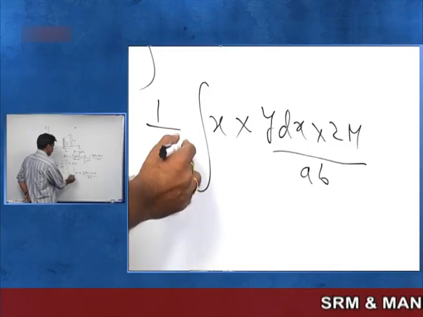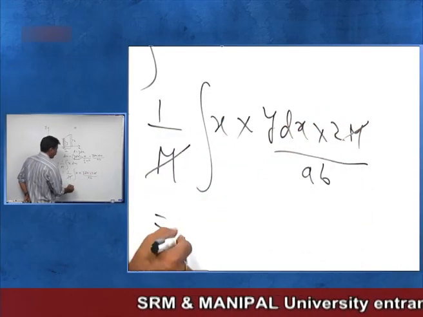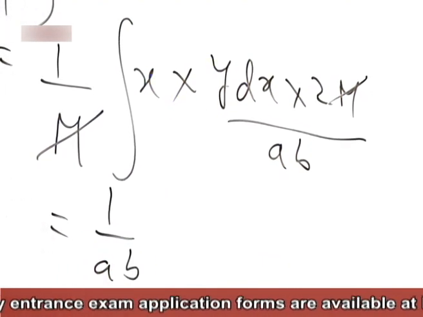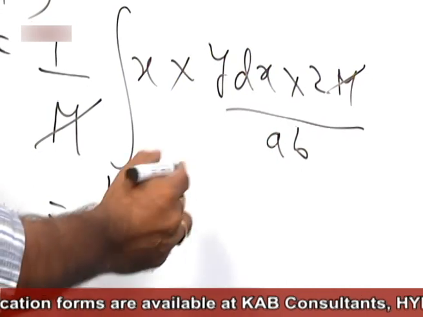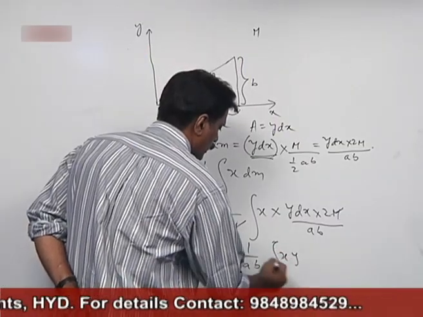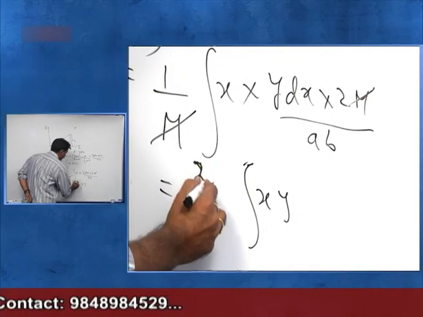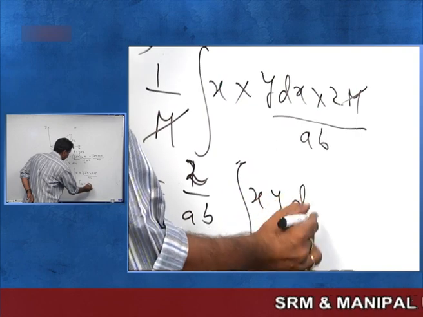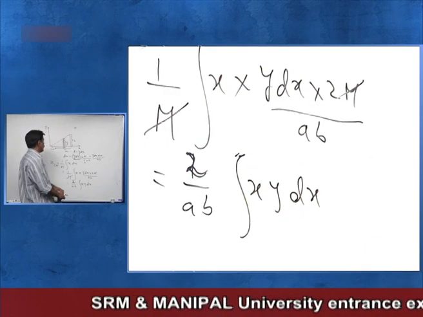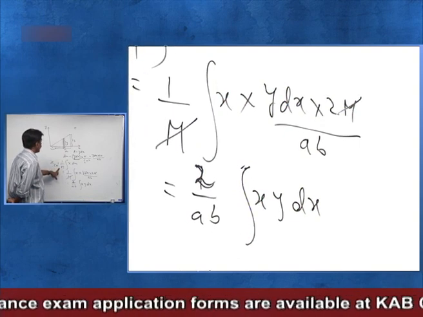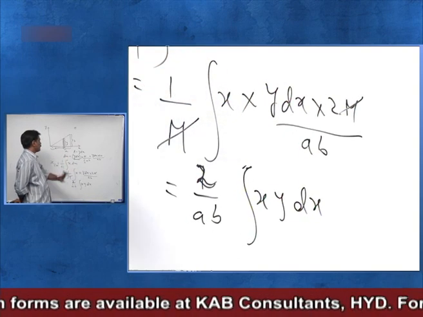So M gets cancelled. You are left with 2 by AB into integral xy dx. So here the center of mass x coordinate by formula is 1 by M into integral x dm.